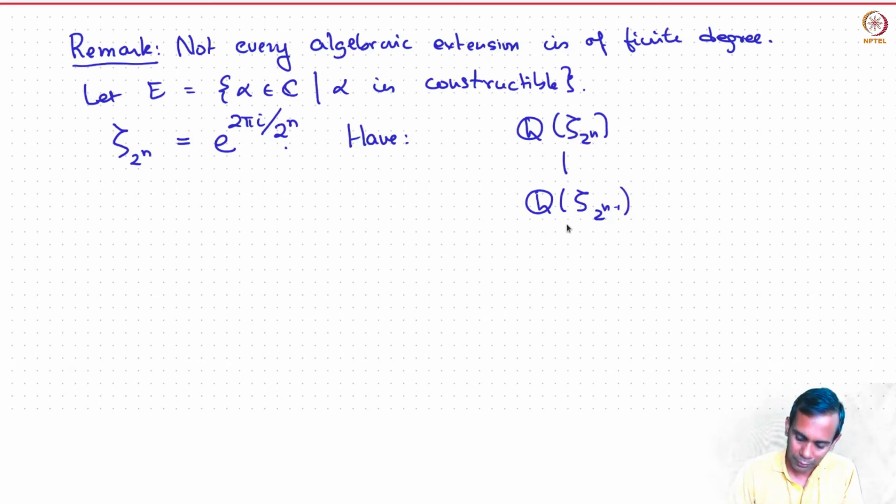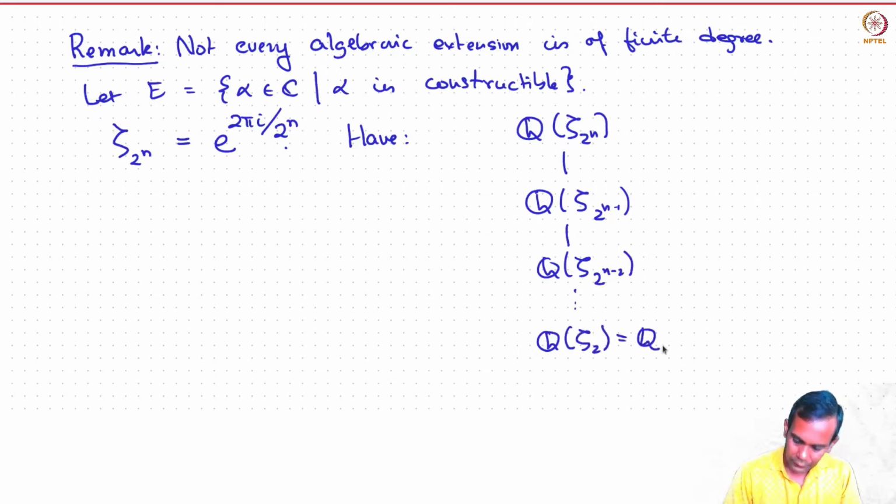And Q(zeta_{2^(n-2)}) all the way down to Q(zeta_2), which is just Q, because zeta_2 is just minus 1. And how many steps do we have in this? We have exactly n minus 1 steps here.